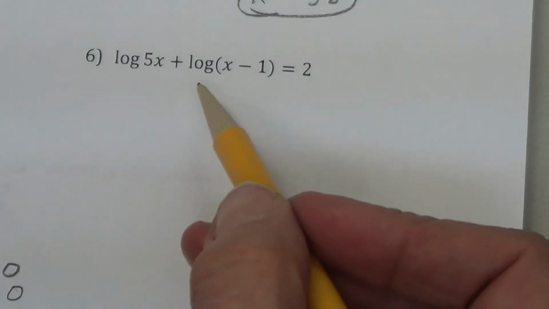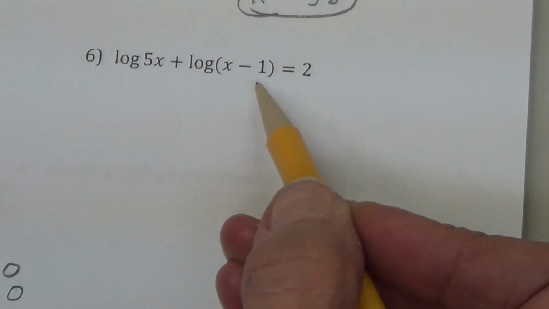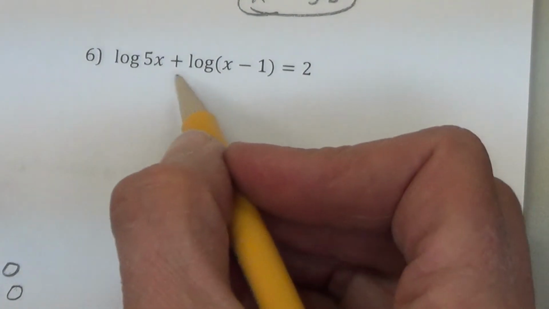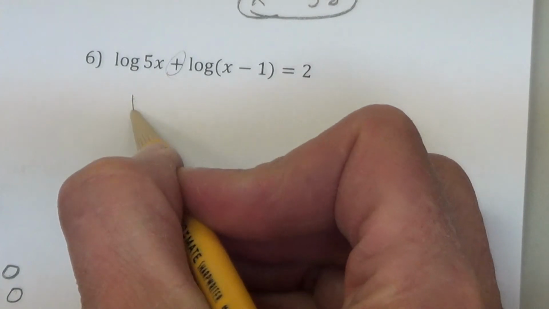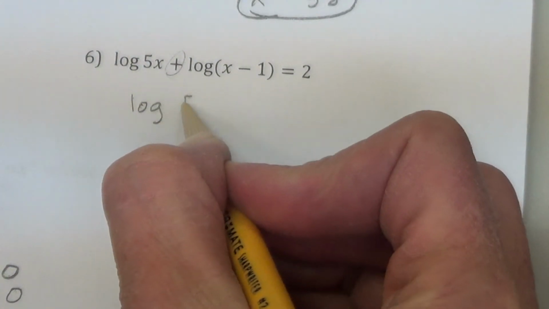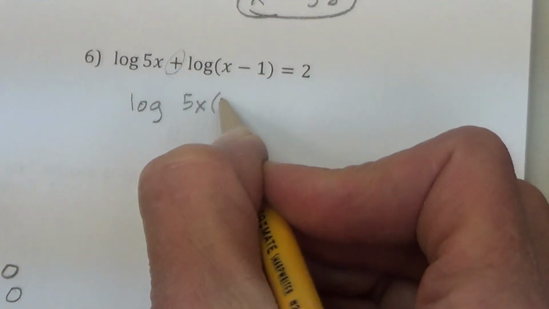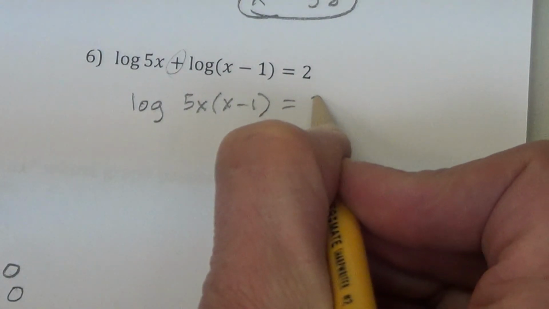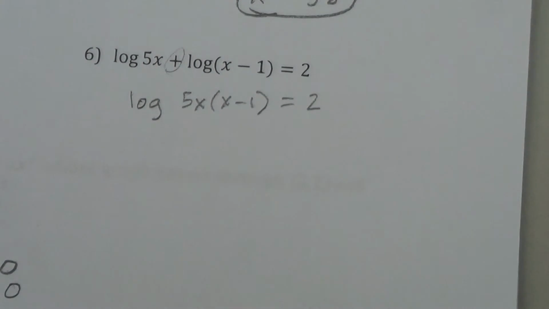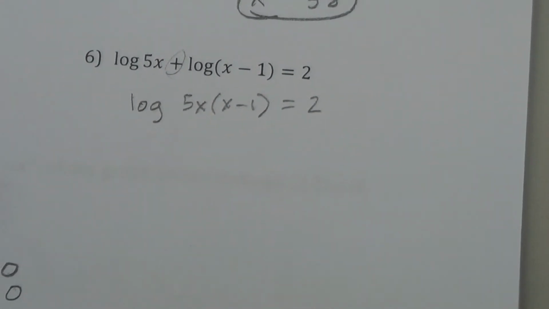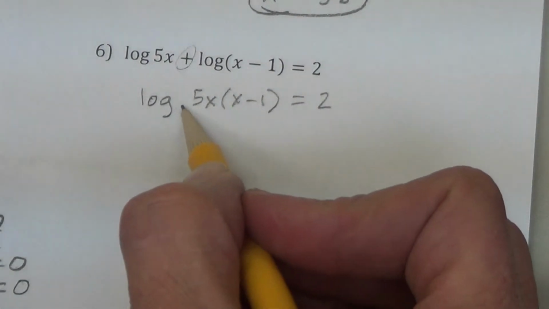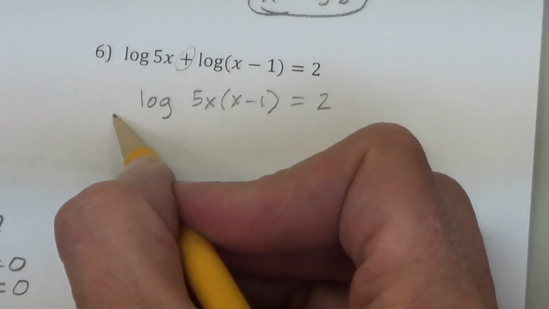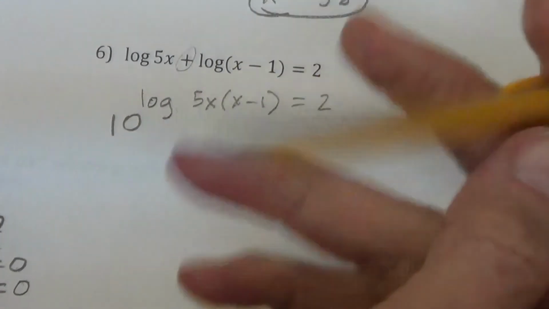Log 5x plus log x minus 1 equals 2. Again, we condense it. Plus means times, so we have log 5x times x minus 1 equals 2. We've done nothing. We haven't brought anything in, so we don't need to be duplicating anything. Now, this is a log to the base 10, so we know that we can raise that to a 10 power.